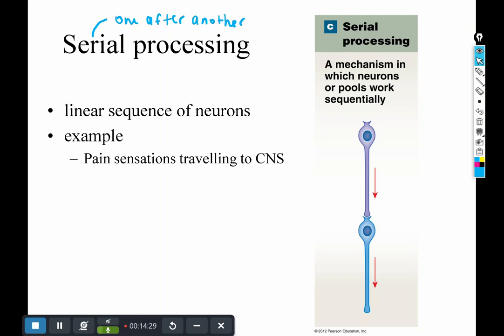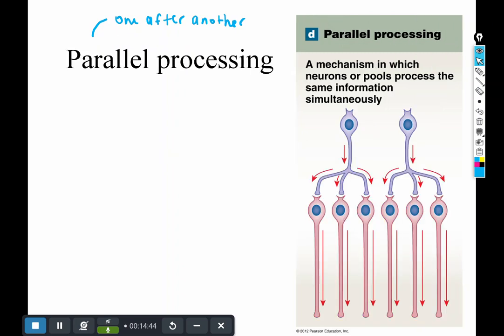So you don't want a converging or diverging circuit there because that would muddy the ability to figure out where the pain was coming from. You just want a serial arrangement so that the signal is arriving where it's supposed to and its origination point is very clear. So we'll look at a lot more of that stuff when we get to chapter 15.